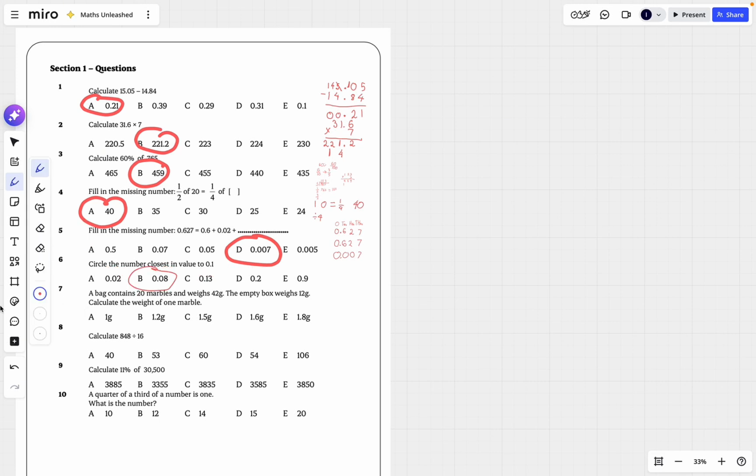The next question says, a bag contains 20 marbles and weighs 42 grams. The empty box weighs 12 grams. Calculate the weight of one marble. Here, I think they mean that the bag and the box is the same thing. So we have a box/bag with 20 marbles. The entire thing weighs 42, but the empty box weighs 12 grams.